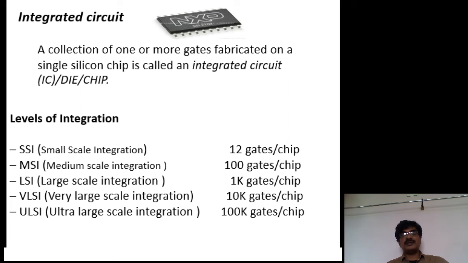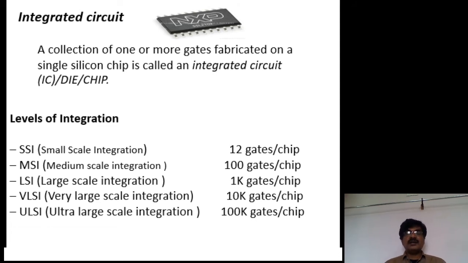Then coming to VLSI, very large scale integration, here around 10,000 gates are available per chip. Basic microprocessors are examples of VLSI. And coming to ULSI, here more than 100k gates are available per chip.